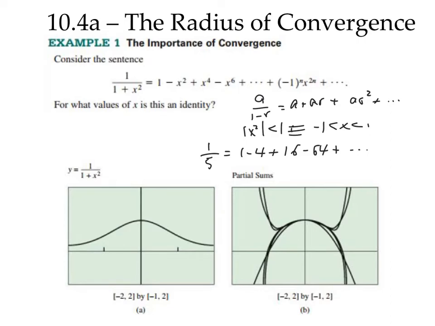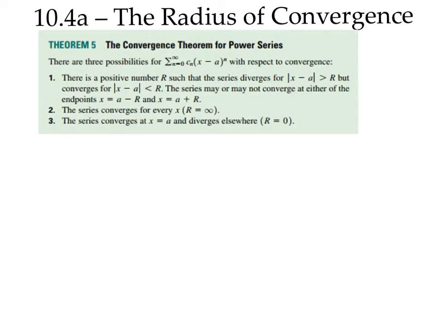So we have a theorem that's fairly important. It's not so obvious at first, but it's important. The proof is beyond the scope of the course. Basically it says that for any power series centered at a, there are 3 distinct possibilities with respect to convergence.